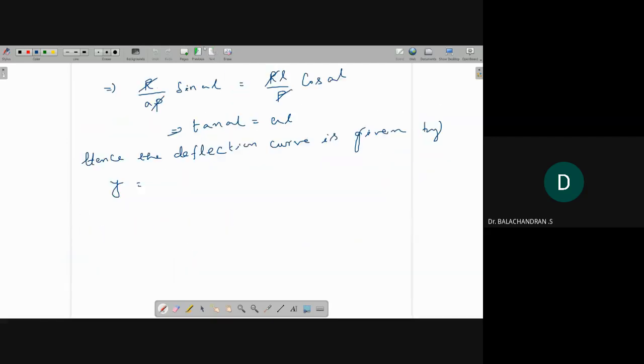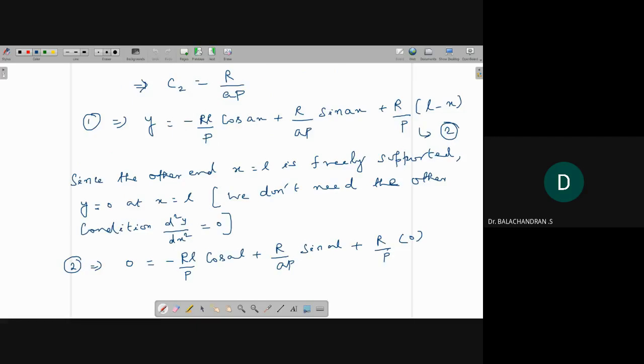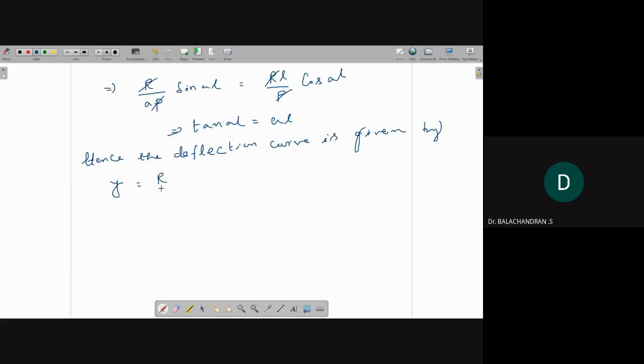So now equation 2. Why in equation 2 am I taking R by P commonly? If I take R by P common, what is remaining? Please check it.